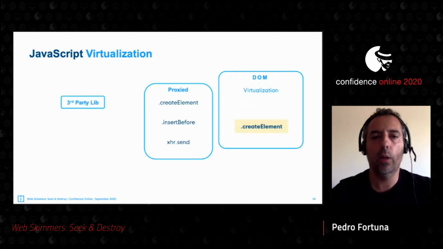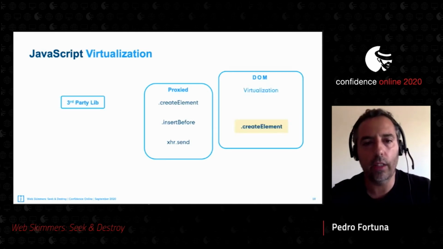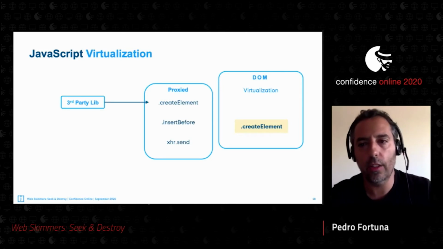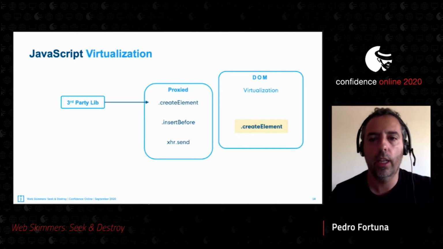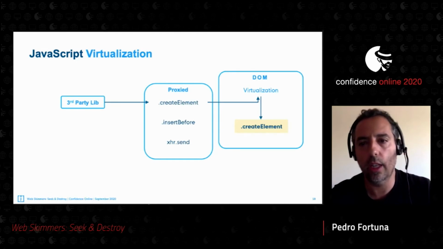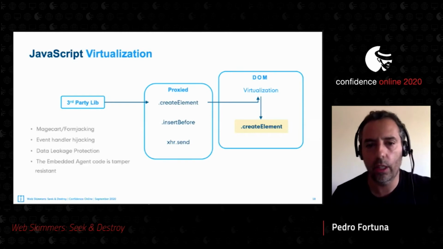When other files are loaded, they will actually see the proxied versions of those methods. And by going through our virtualized implementations, we are able to enforce the rules that were configured.